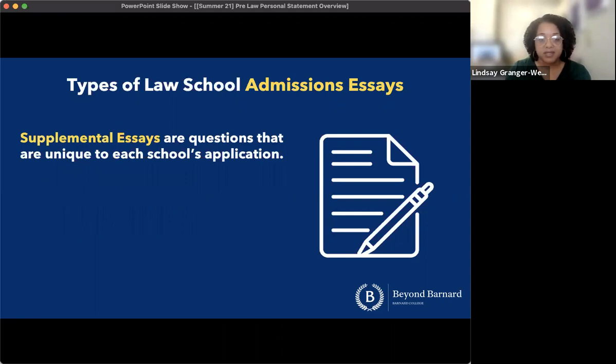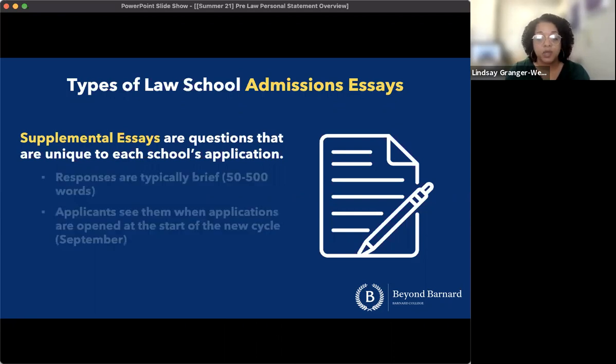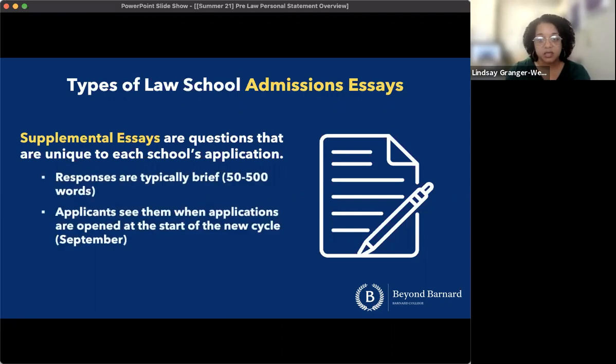So supplemental essays are essays that are unique to a specific school. They're typically short answers. So like 50 words is far more common than 500 words. And then sometimes there are no words at all. I have seen some where it's just a box that's like, fill in this box with something that you want us to see. And so you bust out your Sharpies and start to draw.